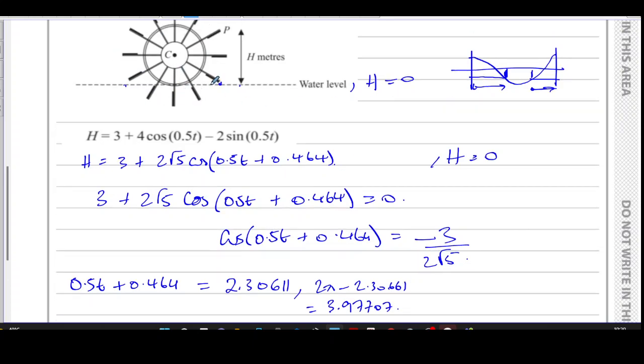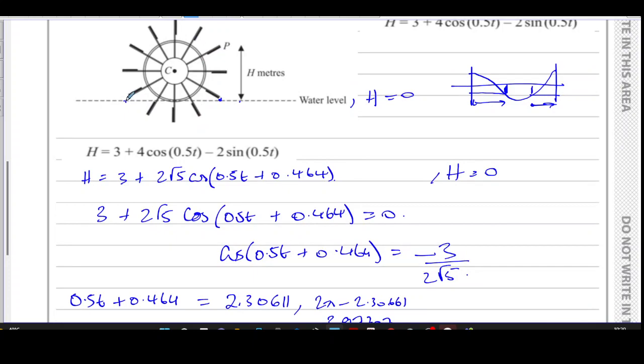Now it could be that I just found where it hits at this point and it goes all the way around to there, and then we need to find the next time. Or it could be that I found the time when it hits this place and then it hits that place, assuming it's going in that direction. It could be going the other direction, it doesn't matter, but I could have found these two times, and that's what I'm looking for. But I just want to make sure by finding the next time it hits 0.